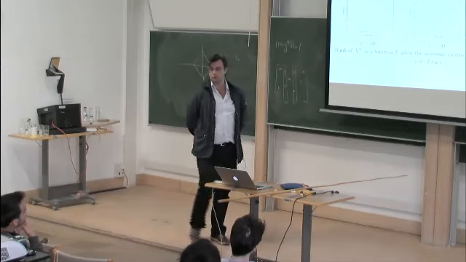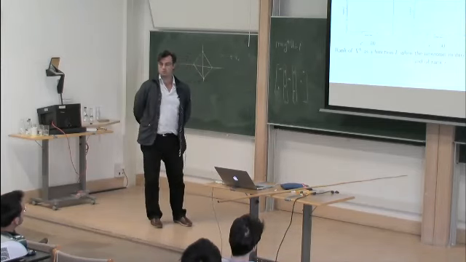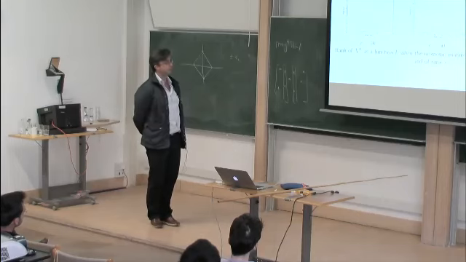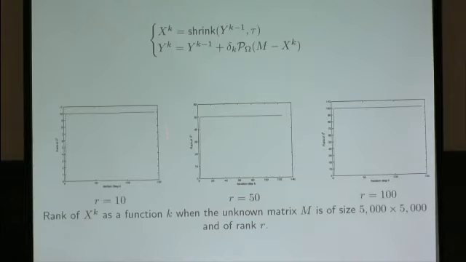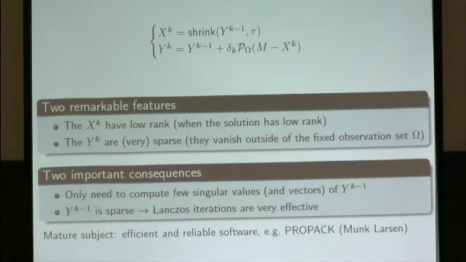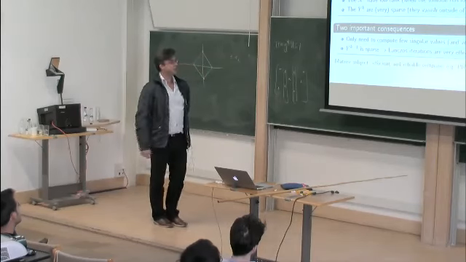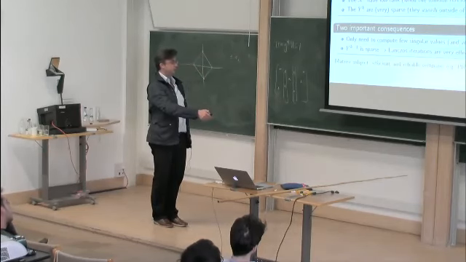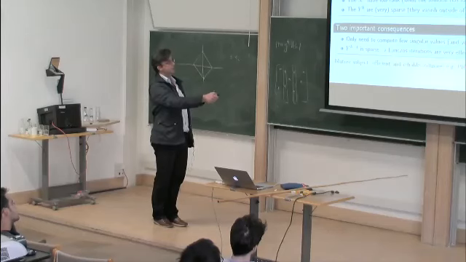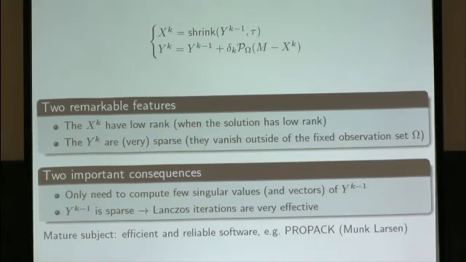Well, suppose the rank was monotone during the iteration, which we cannot prove, and suppose the solution has low rank, then all these iterates X_k have low rank. So what do I have to do then? I have to calculate only the top singular vectors of a matrix that is sparse. That's the best situation I can think of, because I only need to compute a few singular values of this input Y_{k-1}, but Y_{k-1} is sparse, so Lanczos iterations are going to be extremely effective for doing such a thing, and that's why the algorithm works so fast.